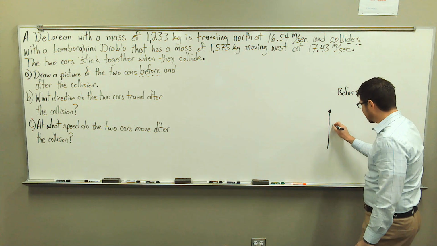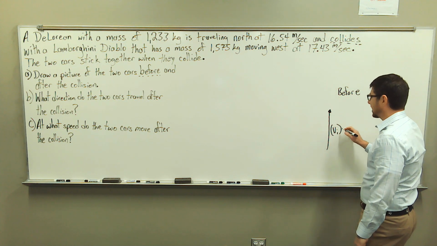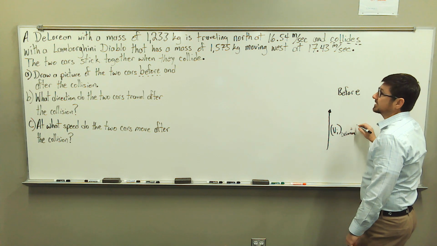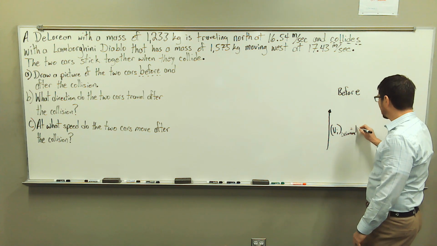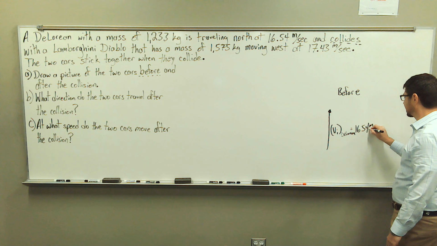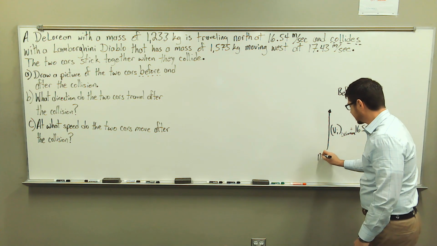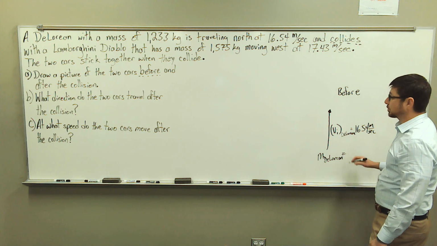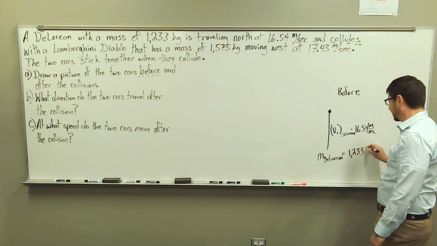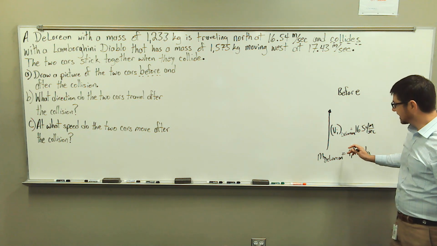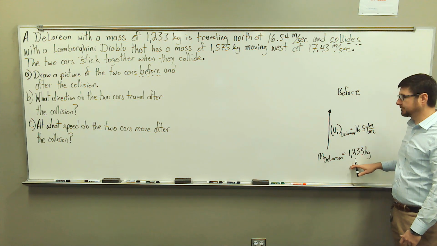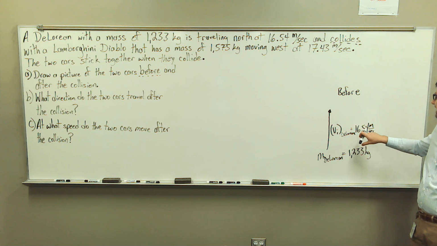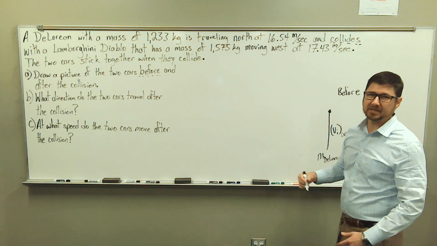I'm going to say the initial velocity of the DeLorean is 16.54 meters per second, and the mass of the DeLorean is equal to 1,233 kilograms. Here we have the mass recorded for the DeLorean, here we have the velocity vector drawn, and the magnitude is 16.54 meters per second.